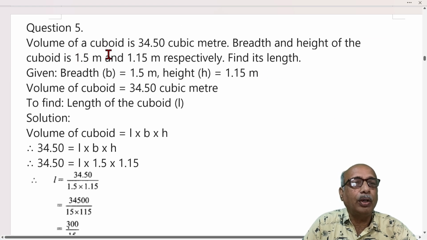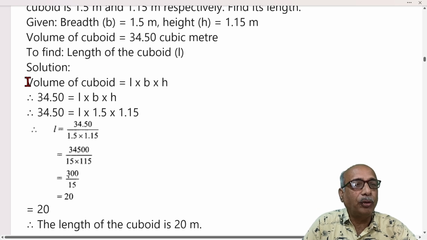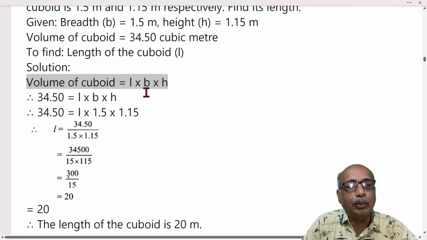Question 5. Volume of cuboid is 34.50 cubic meter. Breadth and height of the cuboid are 1.5 meter and 1.15 meter respectively. Find its length. Volume of cuboid is area of base into height, that is length into breadth into height. Or you can directly remember volume of cuboid as product of three sides.